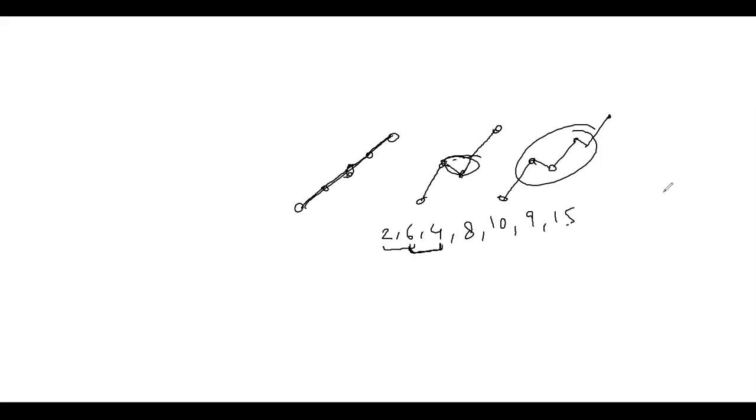If you have to kick out 6, that means you have to consider looking here, because we know there is some problem here.